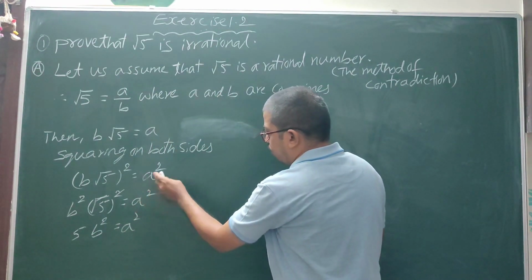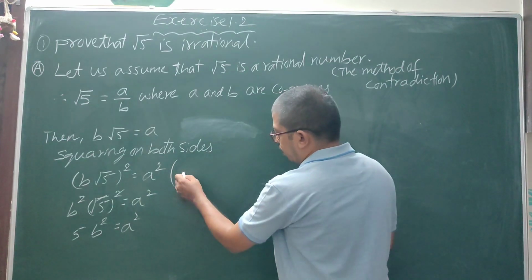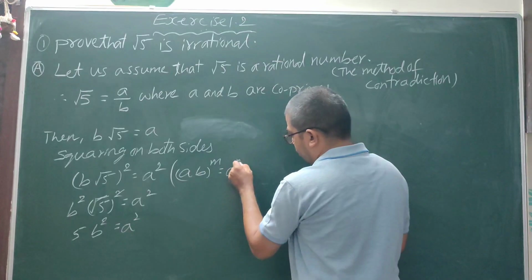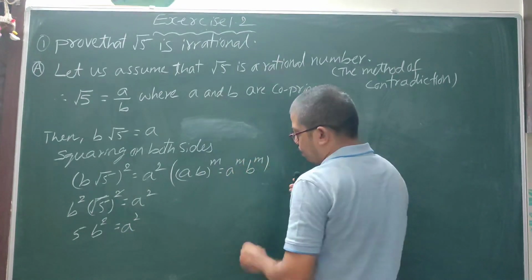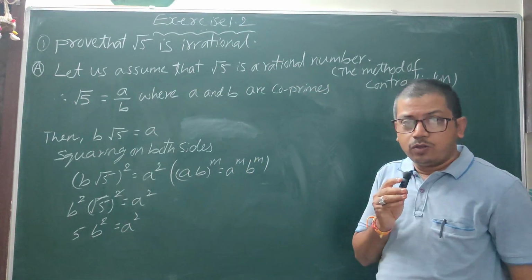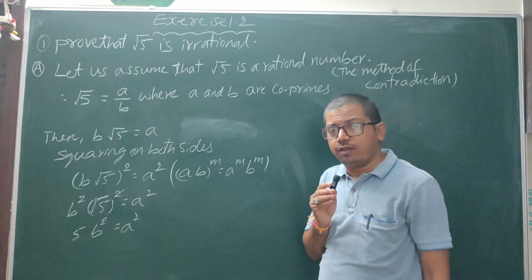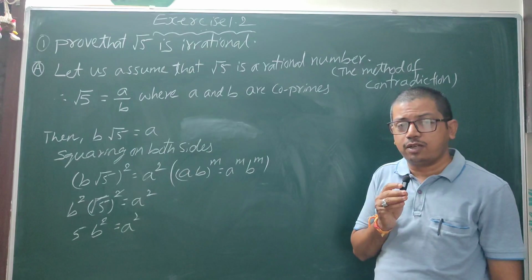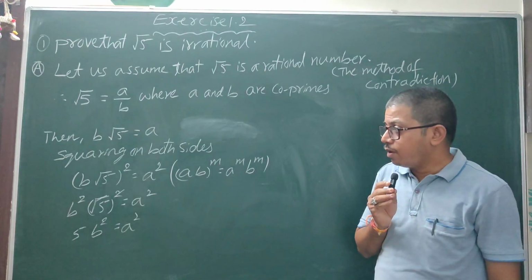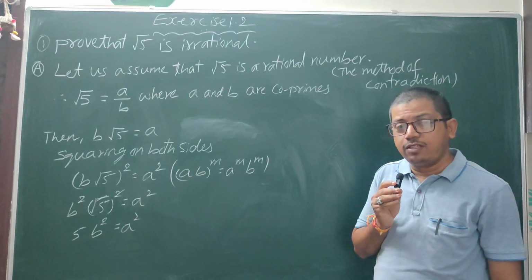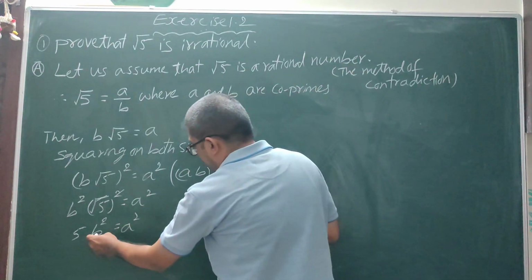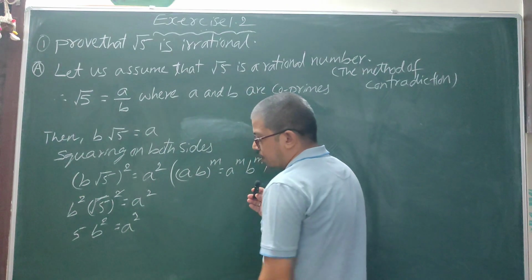Here, this one follows the exponential formula that (ab) whole power m equals a power m, b power m. So it is better to have knowledge of the exponential formula, special products and a lot more. It will be easy to use them whenever required. So 5b square equal to a square.